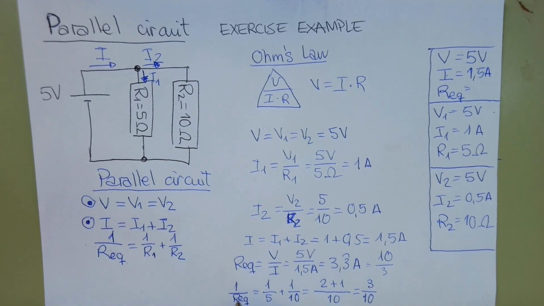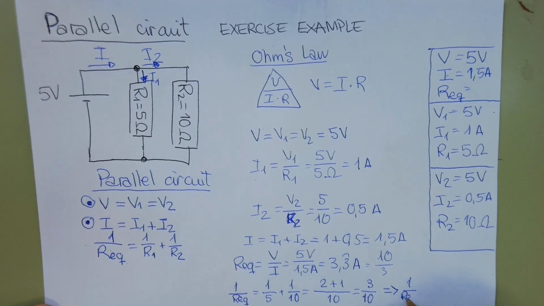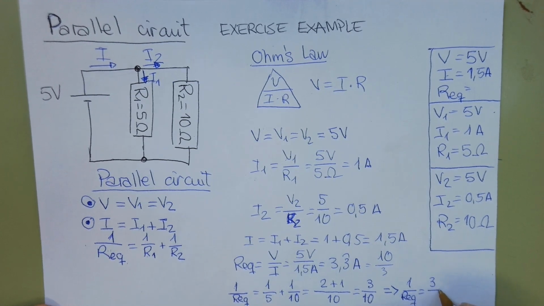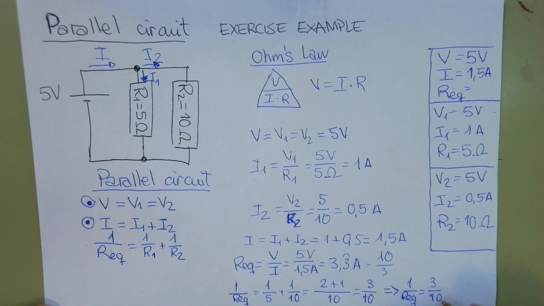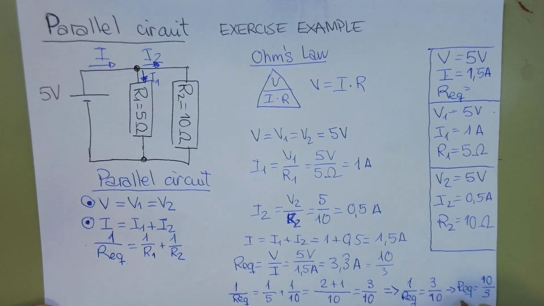Take care, 1 divided by the equivalent resistance is 3 divided by 10. So next step, this is what I have calculated. But the equivalent resistance here is below. It's not on top. I need to have it on top. So the next step is flipping the fraction. So equivalent resistance is 10 divided by 3. Because here divided by 1 is like writing nothing. And this is the same as this.